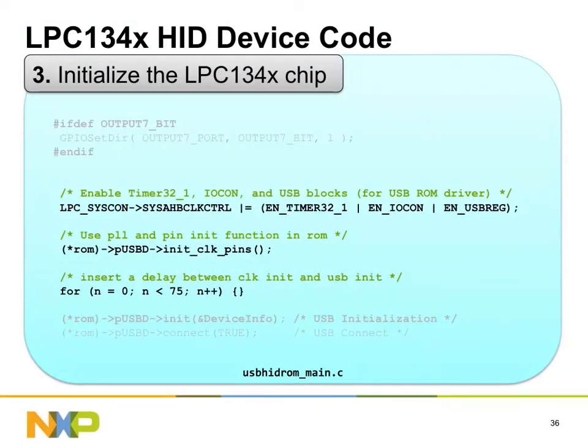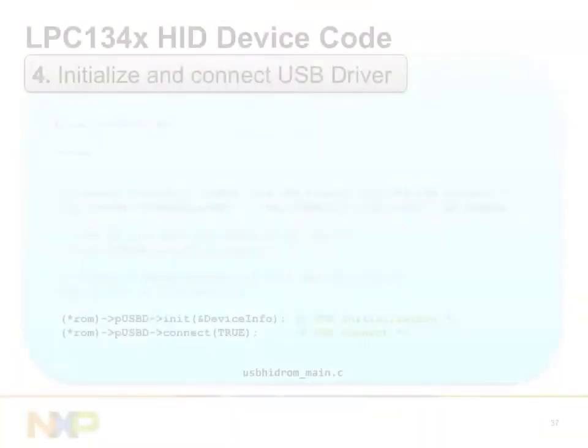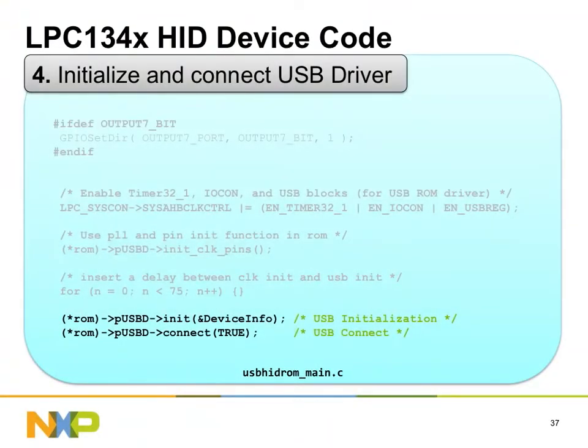And this is the code where you initialize the chip itself. And again, here's that pointer into ROM, and now you're calling the init clock pins function. All this is in the ROM, so you don't have to write any of it. You just simply call it. It's all debugged, ready to go, nice and fast. Here's where you're initializing it. This is where you're handing that structure that we just looked at a minute ago.